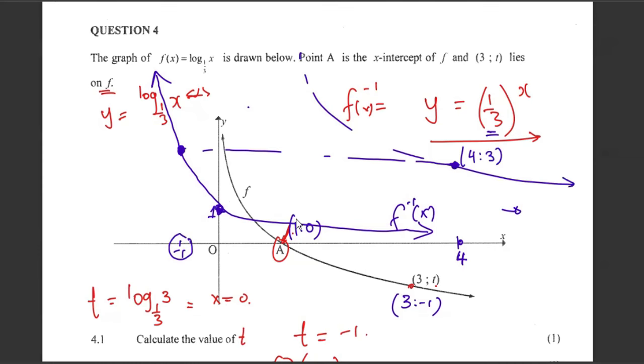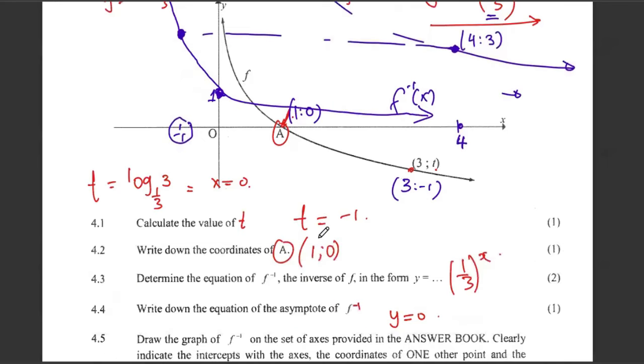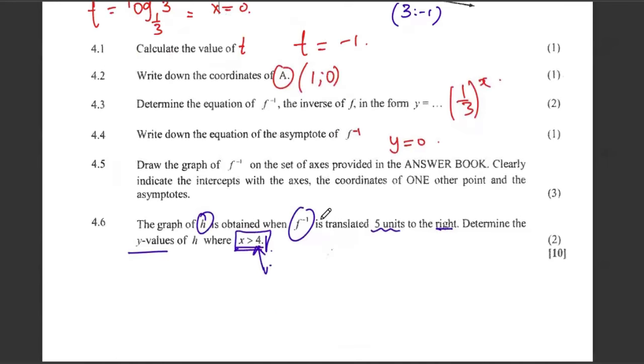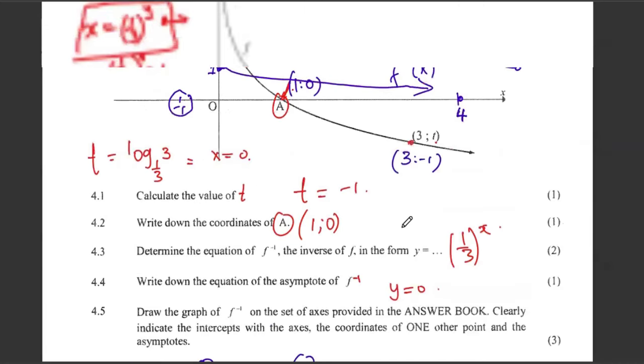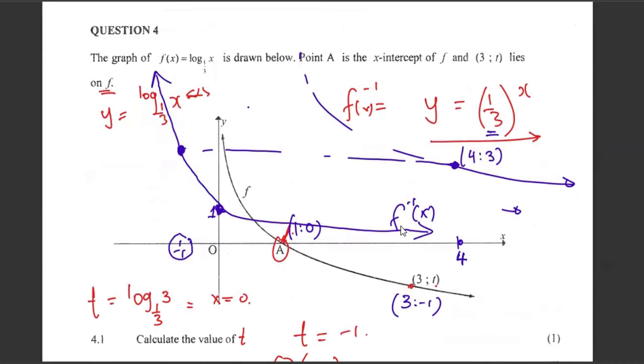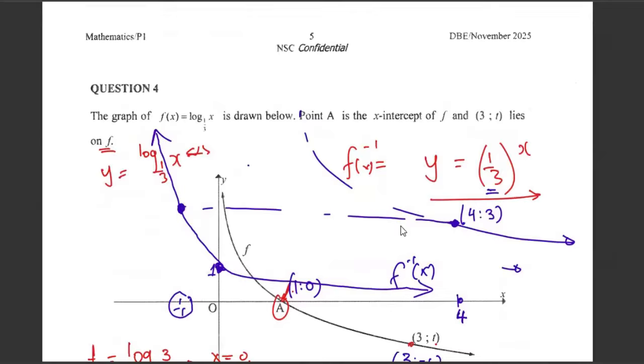Now the question is asking us for the y values. Determine the y values of h where x is greater than 4. If we're looking at the right-hand side of 4, what will be the y values? The maximum y value is going to be 3.